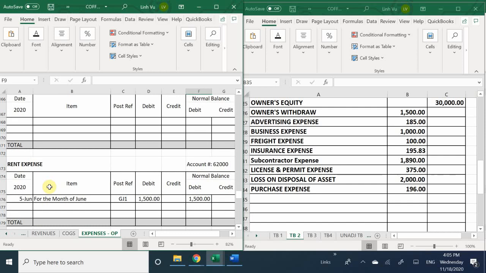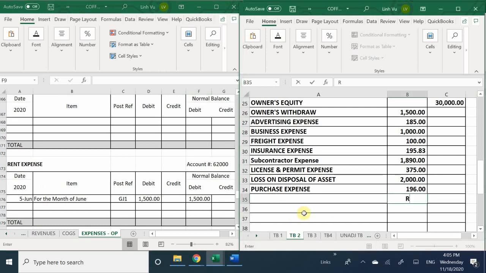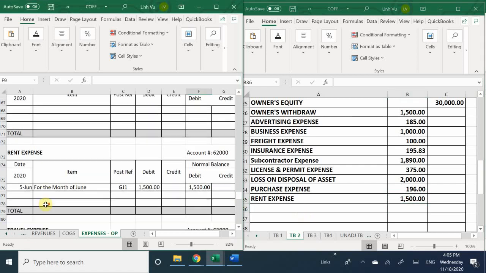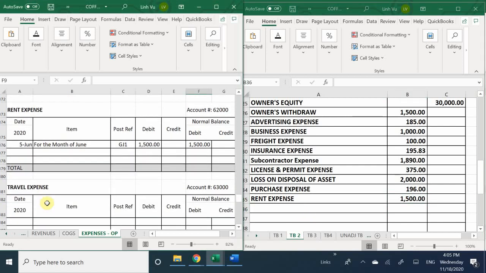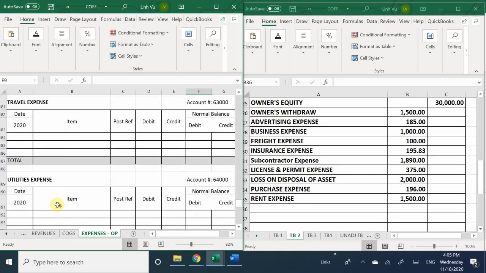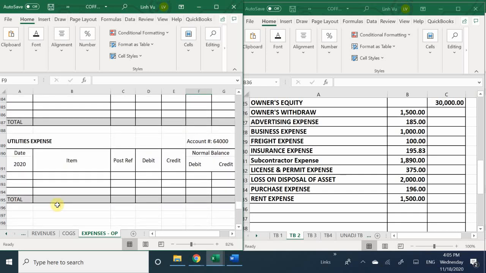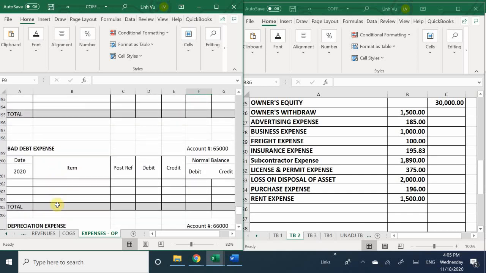So the next one is going to be rent expense, for $1,500. All right. Last thing here, do we have travel expenses? No. Utilities expenses?